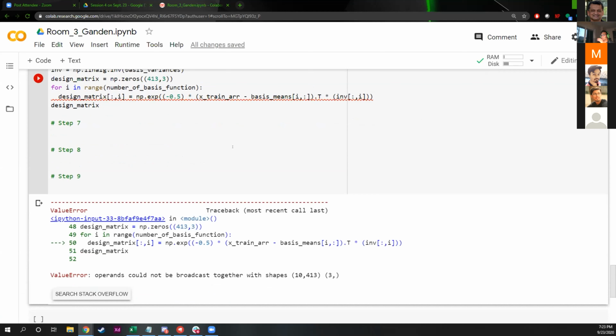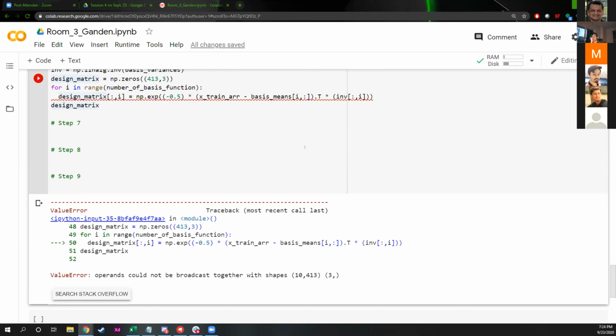So what just happened? The multiplication error. Basis means is a 3 comma 10 matrix, right?